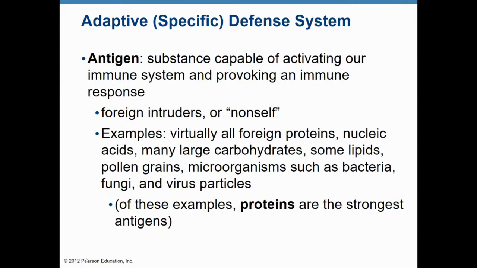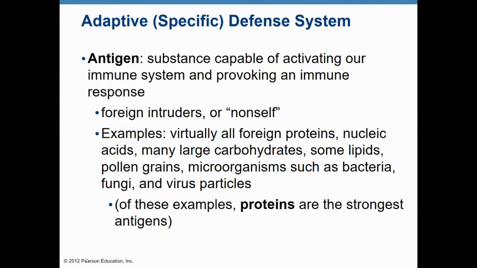So before we get too much into our adaptive immune system, let's talk a little bit about antigens. So antigens are substances that are capable of activating our immune system and provoking an immune response. So this is going to be a foreign intruder or anything that is non-self, right?